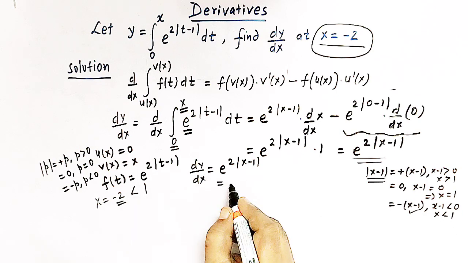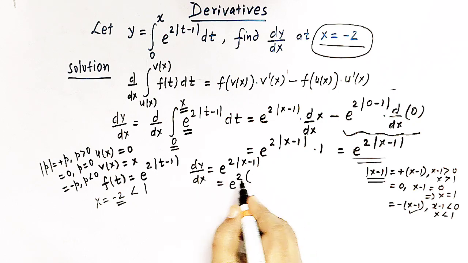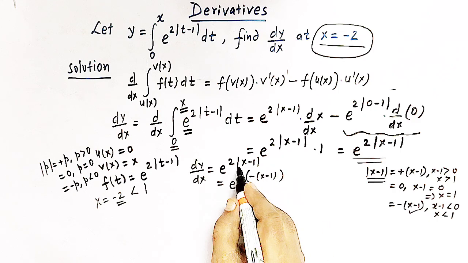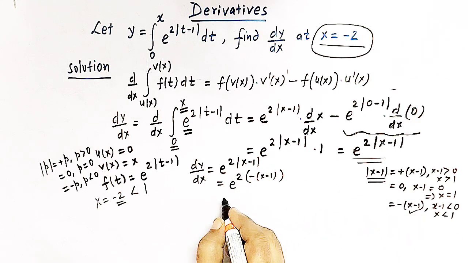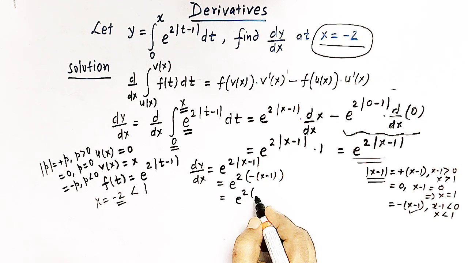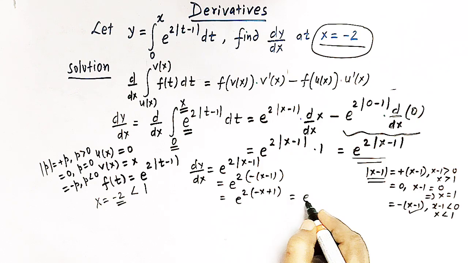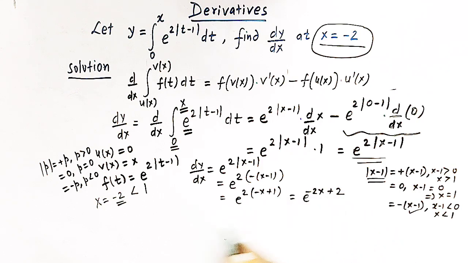So we can now write e raised to 2 times the negative of x minus 1. Replacing mod of x minus 1 by negative of x minus 1, we have e raised to 2 times minus x plus 1. So we can write e raised to minus 2x plus 2.